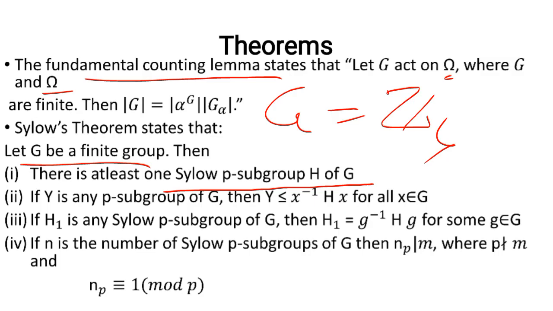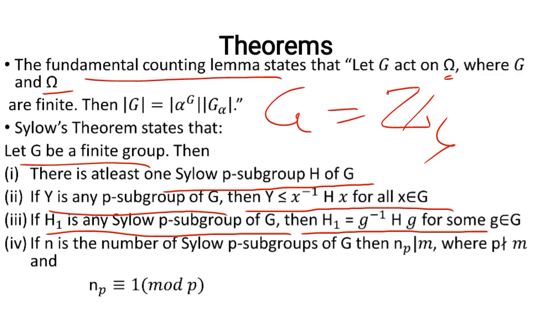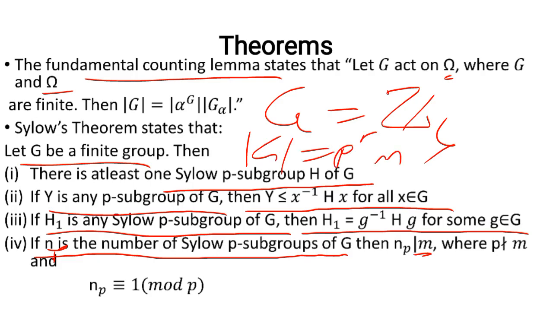The second is, if Y is a P subgroup of G, then Y satisfies this condition here for all X in G. The third is, if H1 is any Sylow P subgroup of G, then H1 satisfies the condition for some element g in capital G. And the fourth is that if n_p is the number of Sylow P subgroups of G, there's a P at the base of the n, then the number of Sylow P subgroups divides m, where P does not divide m, and n_p is congruent to 1 modulo P. Remember what m is: when we said the order of G was equal to P raised to r times m.